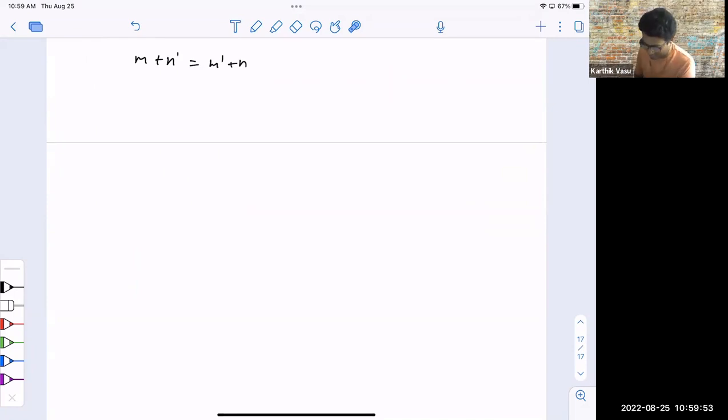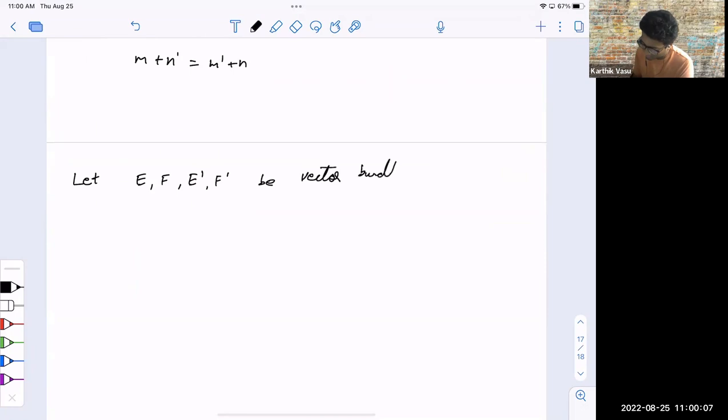So what we'll do is let E, F, E prime, F prime be vector bundles over the same manifold. I will never change the manifold.